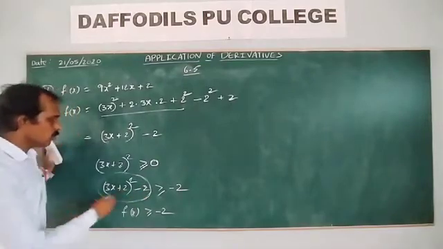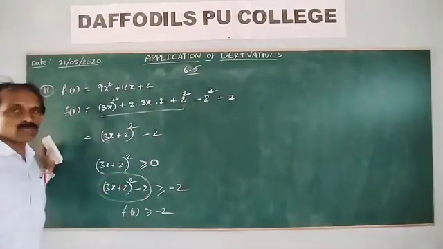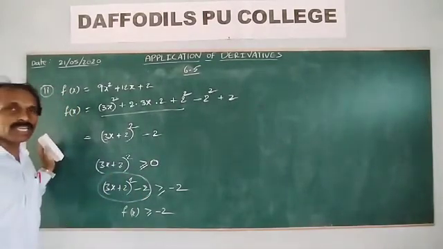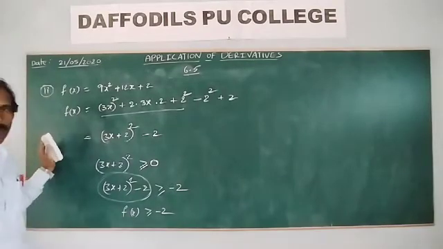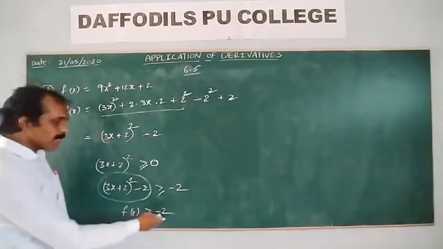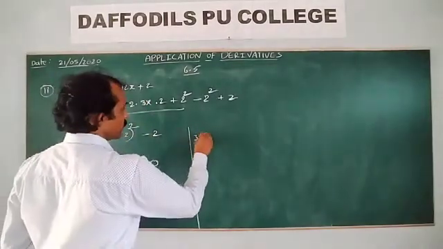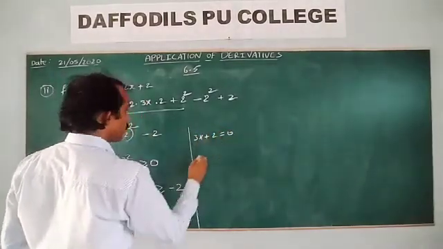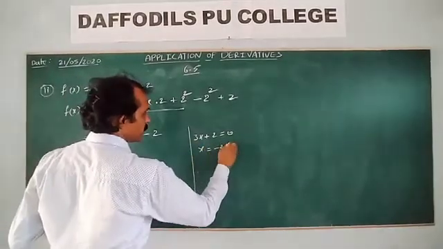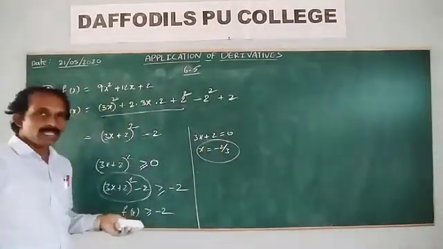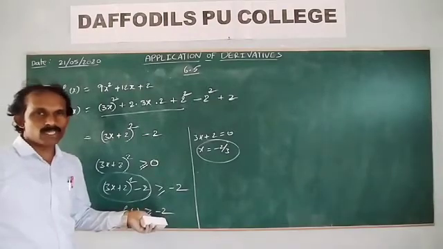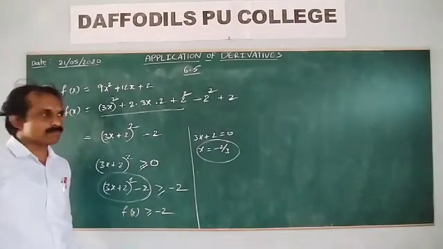At what value of x? Let 3x plus 2 be equal to 0, so x is equal to minus 2 by 3. At x equal to minus 2 by 3, the function has the minimum value of minus 2.